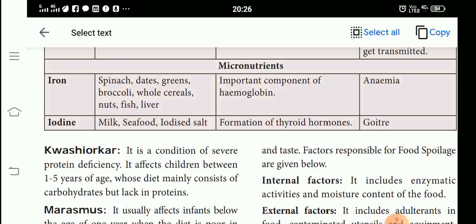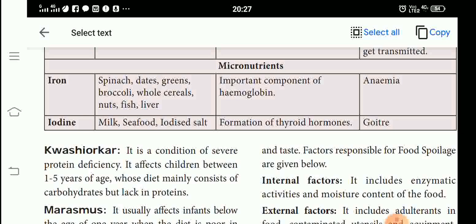It is an important component of hemoglobin. We all know that hemoglobin is a blood pigment present in the RBC, so only the blood is red in color. Hemoglobin is mainly made up of heme, that is iron.